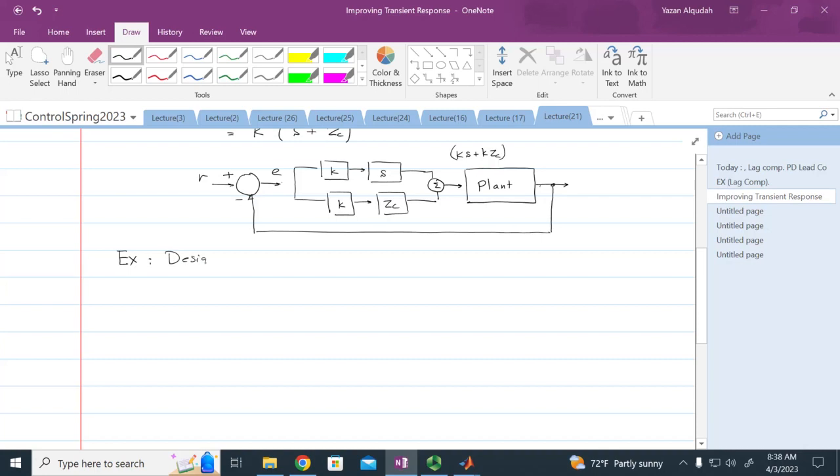So I'm going to design a derivative compensator to yield 16% overshoot with reduction in settling time by 3 folds.